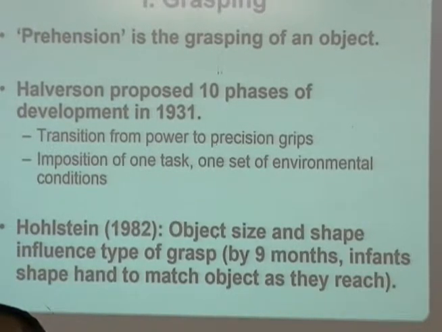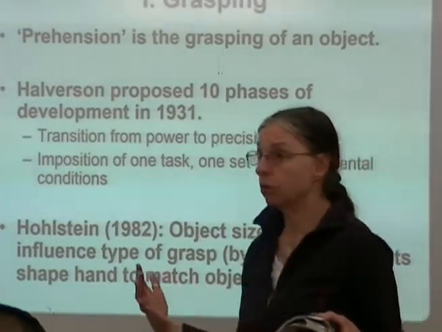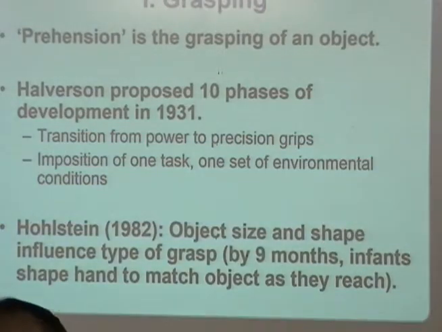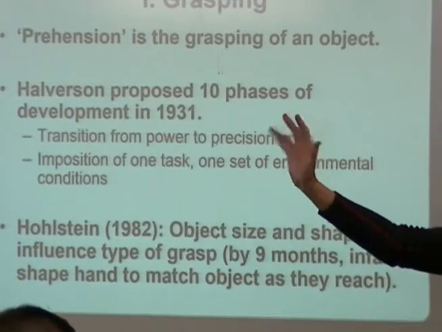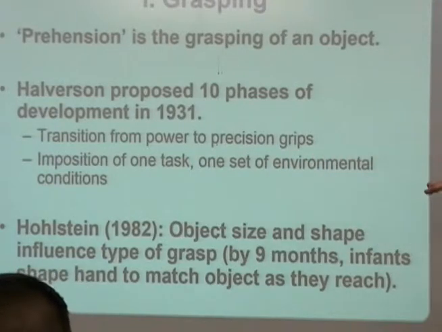Well, we talked a little bit about those developmental laws of direction, right? That we are developing from the head down, cephalocaudal, and we're developing from the midline out, proximo-distal. So an infant doesn't have very good control over their fingers and their wrists, right?